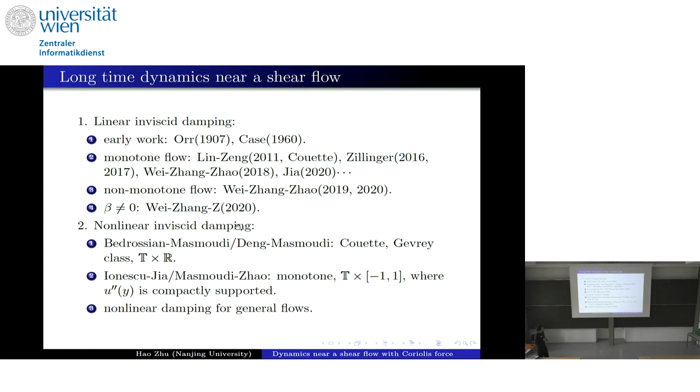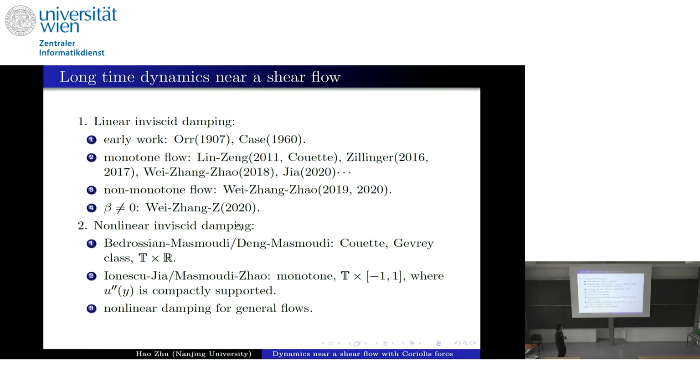For the mathematical proof, Lin and Zheng proved this for the Couette flow in a channel. And then some groups proved it for a class of monotone flows, extending from the Couette flow to monotone flows.